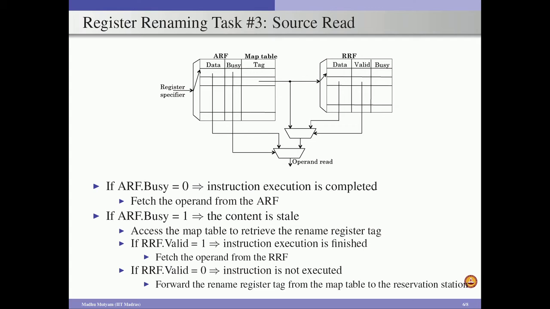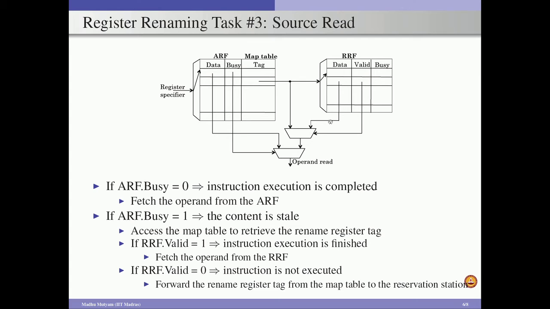Or what we can do in such a scenario, when the valid bit is 0, is supply the tag in the data field of this RRF to the consumer instruction. So, when the consumer instruction does not have all the operands ready, then we supply the register tag for the source operands. So, that is what we are going to do here.